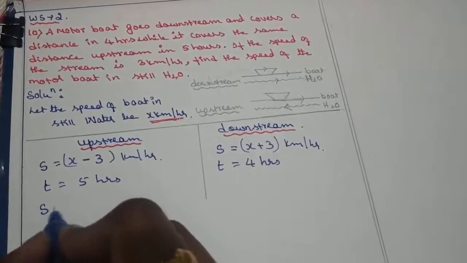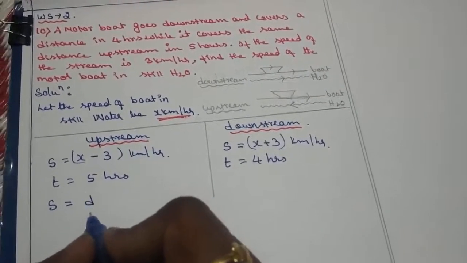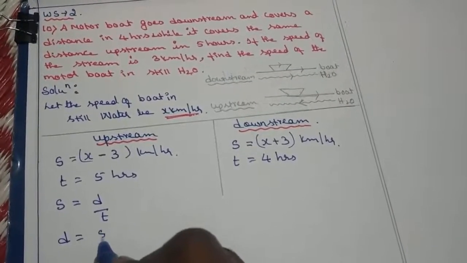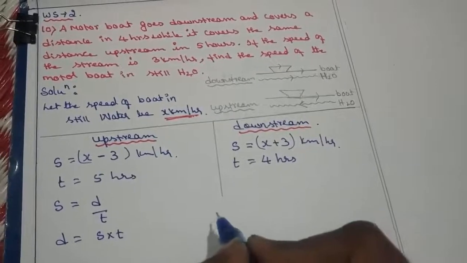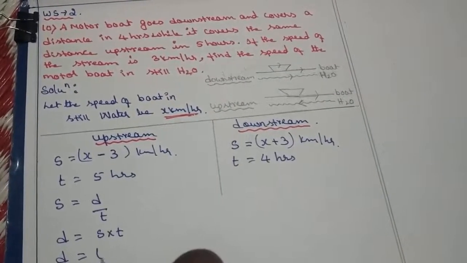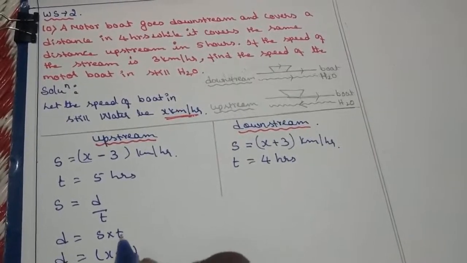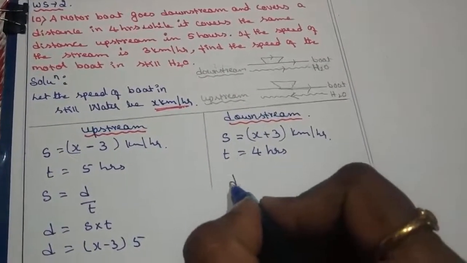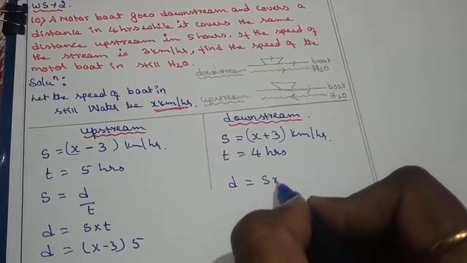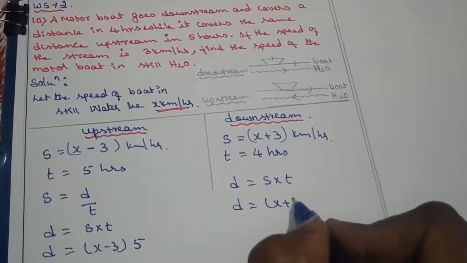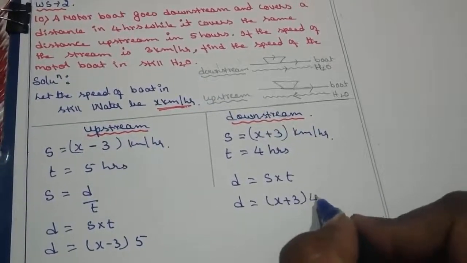We know the formula for speed. Speed is equal to distance by time. Then distance equal to speed into time. Then distance equal to what is the speed? x minus 3 and the time is 5 hours. And here, distance equal to speed into time. Then distance equal to speed x plus 3 and the time is 4.